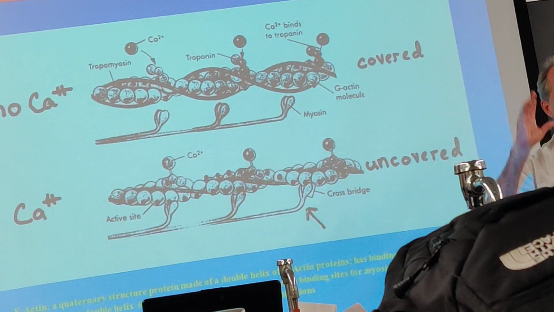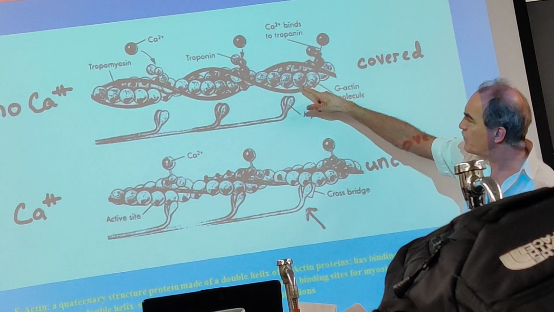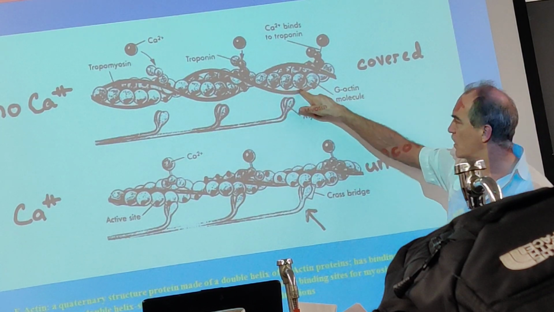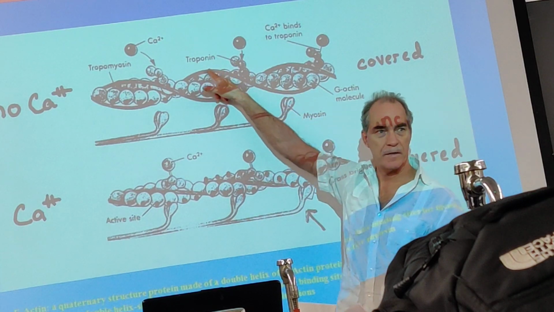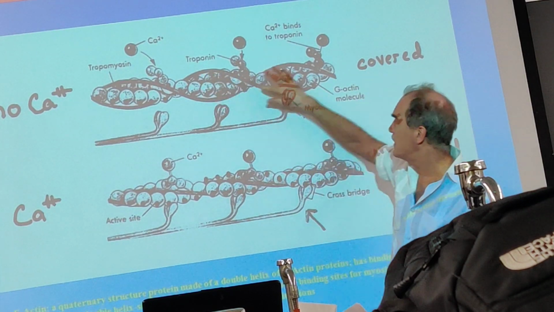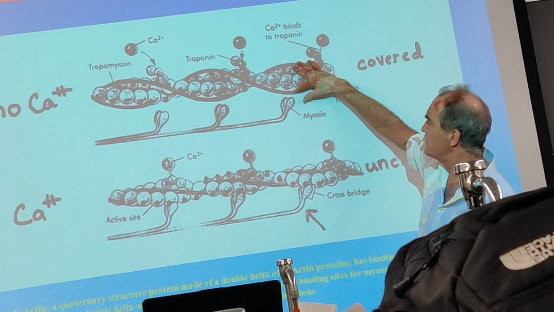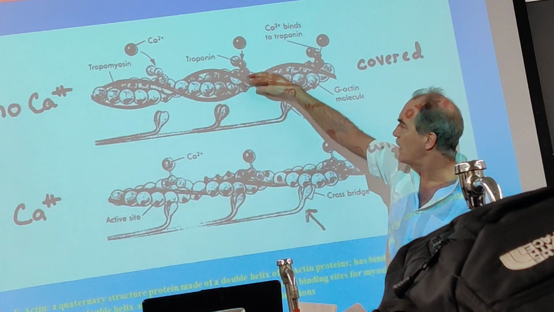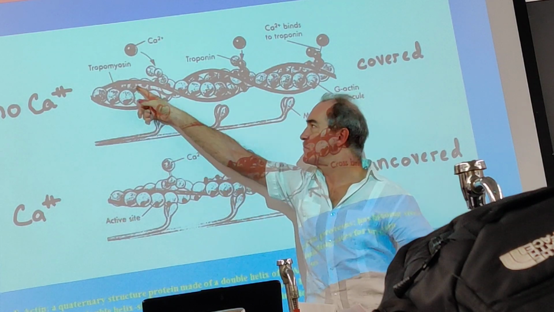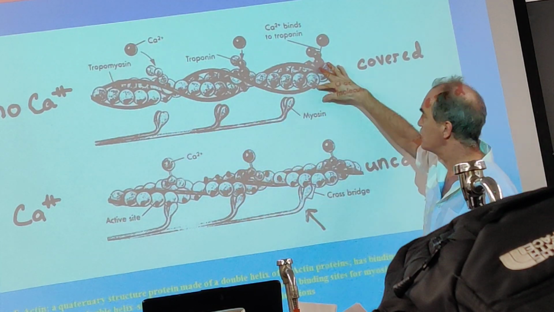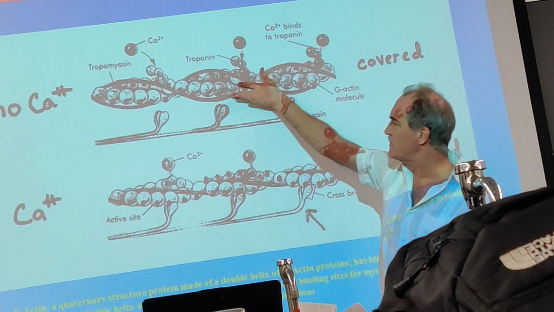Okay, so that's F-actin. Now, what about tropomyosin? Tropomyosin is this dark cord. I like to say sometimes it looks like black licorice. And it's two strands that look like they're wound around F-actin, also in a double helix. That's tropomyosin. This black licorice, two of them are wound around F-actin.